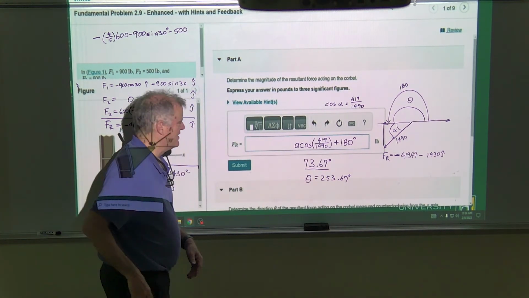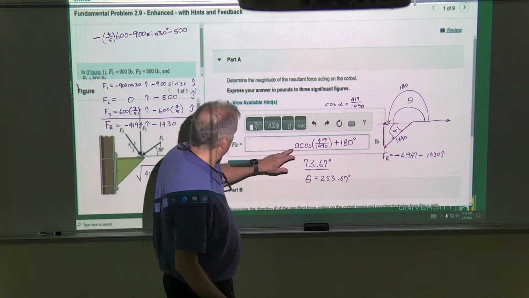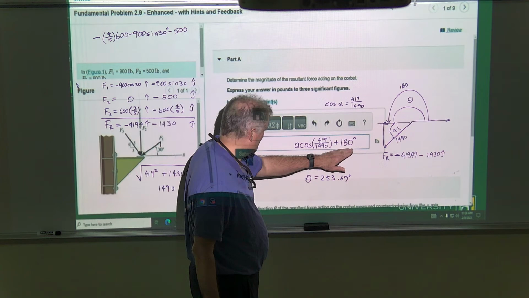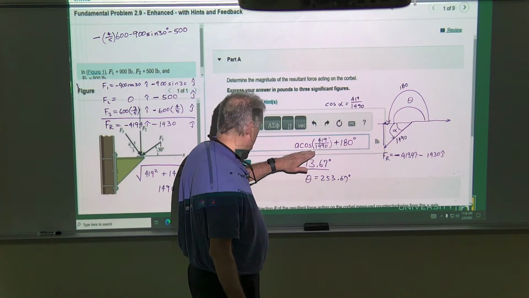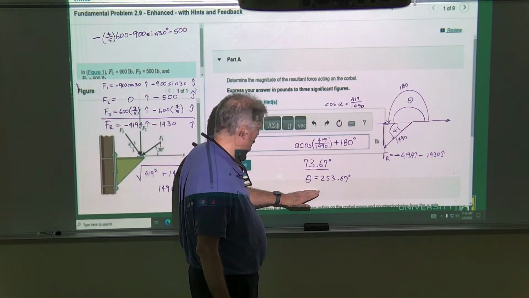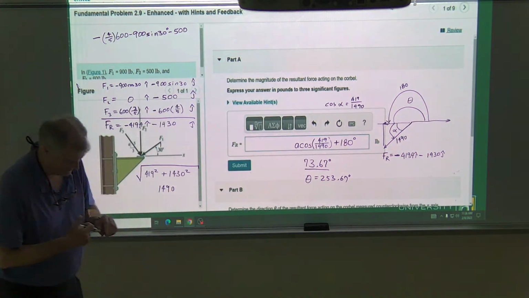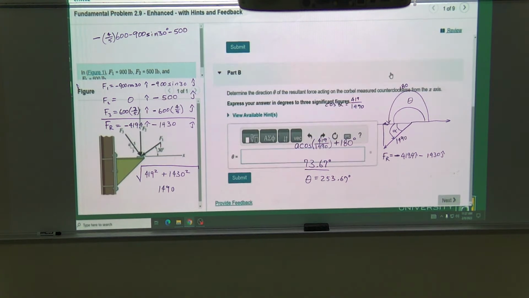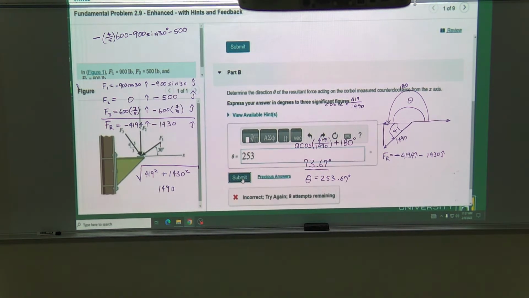Okay. So it could give me back this in radians or degrees. What it did is convert that to pi, gave me back radians, and then converted it to degrees. But that's okay. I do not know. I can try to put it in. Let's try again. 253. Did I enter that right, or did I enter the wrong thing? Oh, I entered 253. Let's see what he says then.